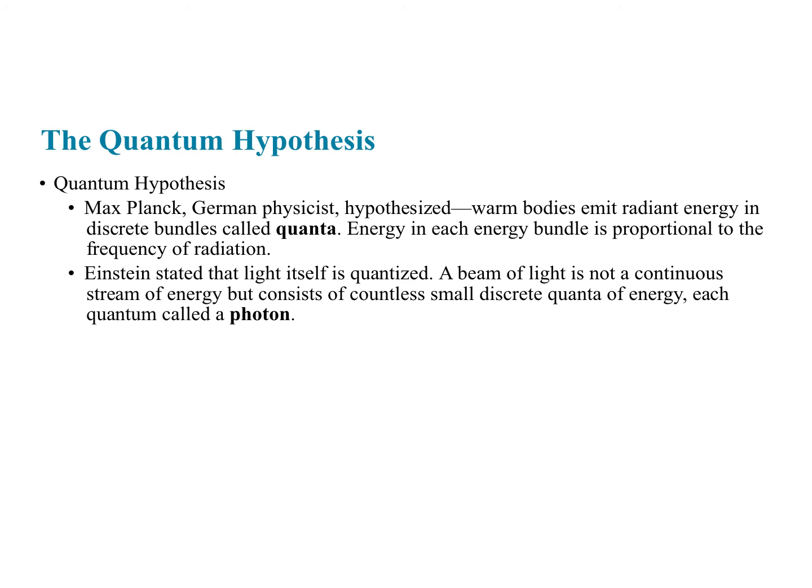And his idea was that each energy bundle was proportional to the frequency of the radiation. Einstein came along and said that light itself is quantized, and a beam of light is not a continuous stream of energy, but consists of countless small discrete particles, each called a photon, a quantum called a photon.